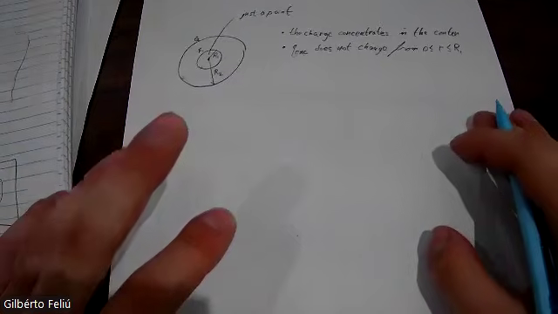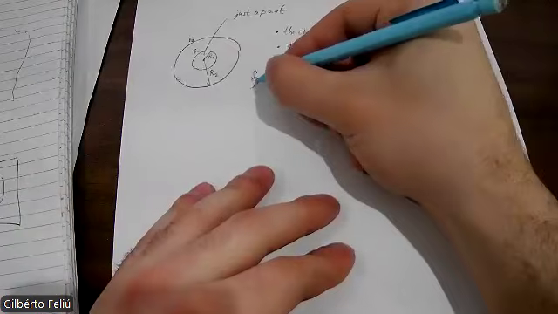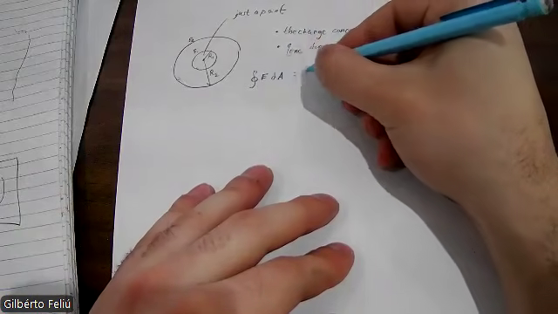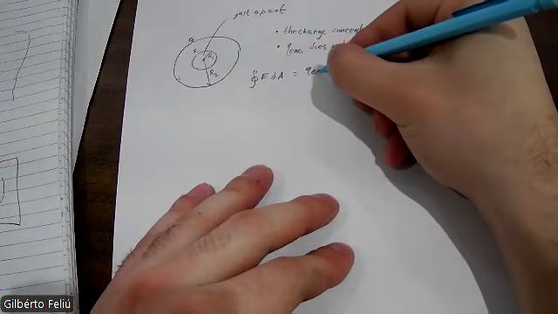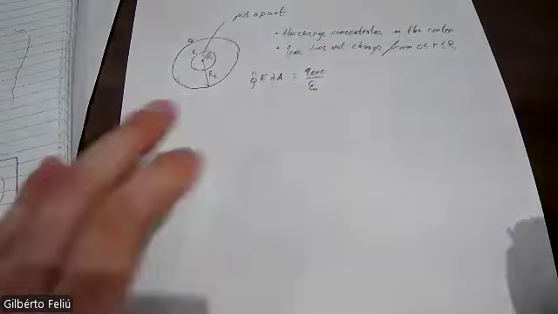So we can just go ahead and start using Gauss's law, which tells us that all of this is an enclosed charge here and a little constant.